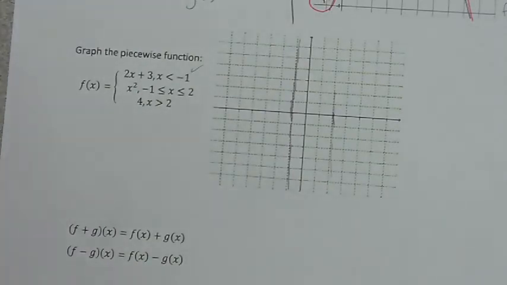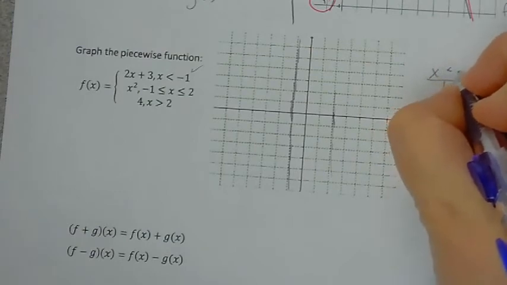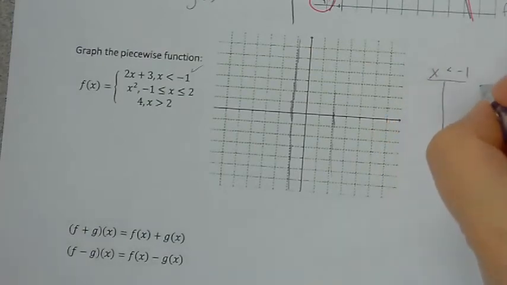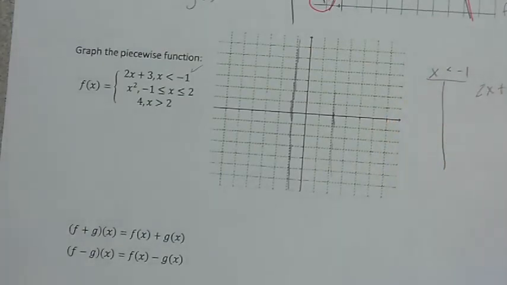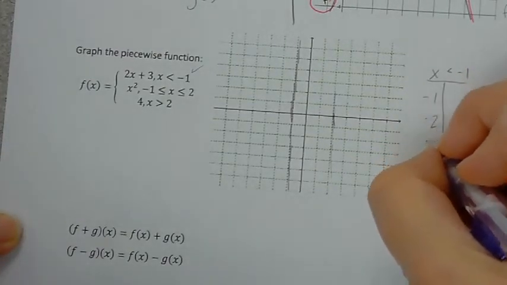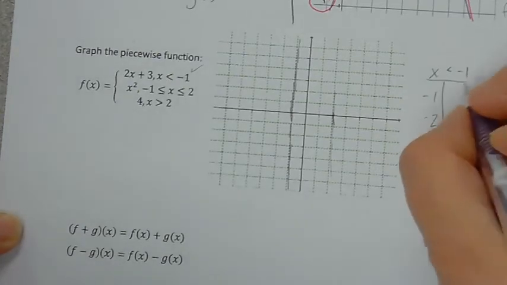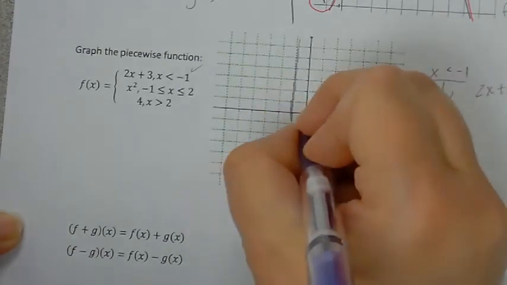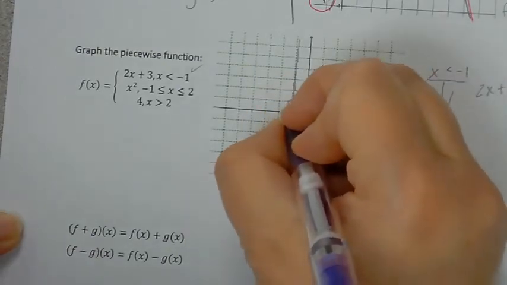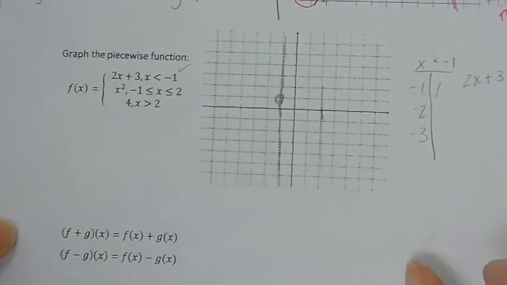I want to graph when x is smaller than -1, I'm going to graph the function 2x plus 3. So I'm going to start at -1 and then pick numbers smaller than -1. If I put -1 in here, 2 times -1 is -2, plus 3 is 1. So at -1, I'm going to be at 1. This is an open circle because there's no line under it.